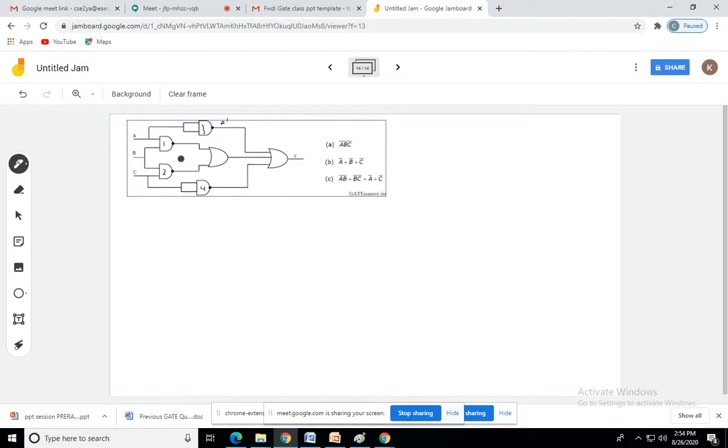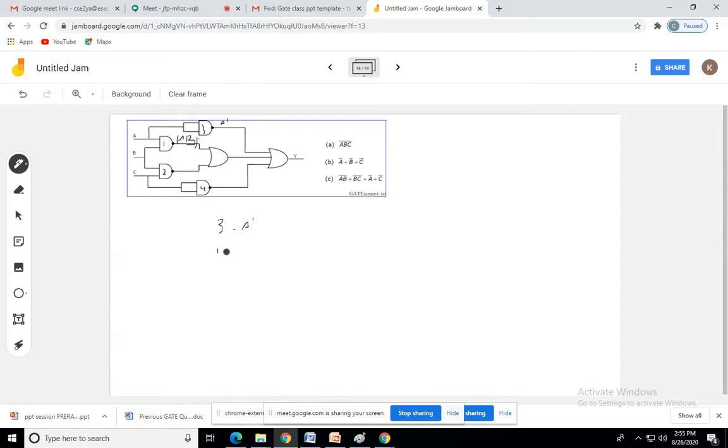And here it is AB whole dash. So the output of the third gate is A dash.